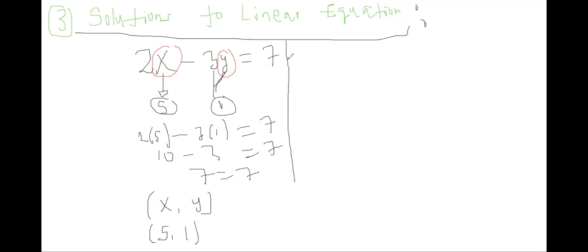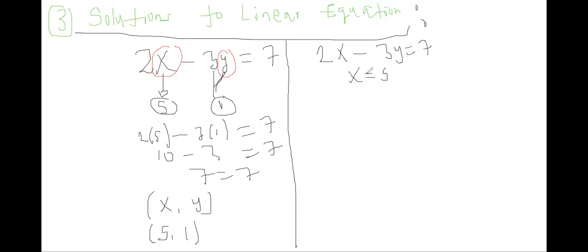It's very, very simple. When you want to find a solution, you can take any number. For example, you have the same linear equation, I'm rewriting it again, 2x minus 3y equals 7. Ask yourself, if x equals 5, you can take any number, then you solve the equation.